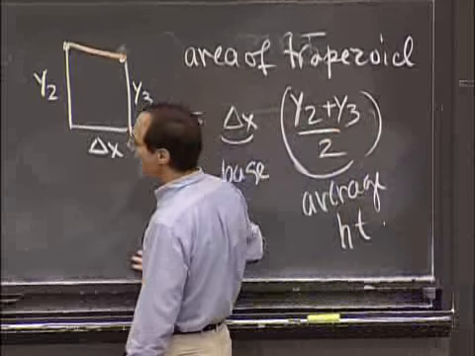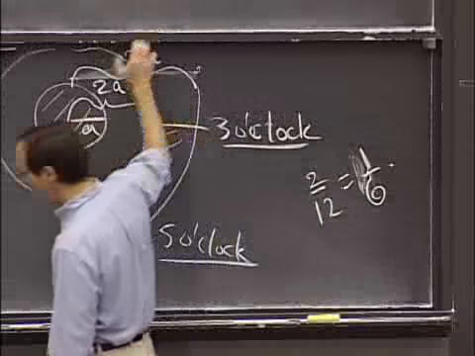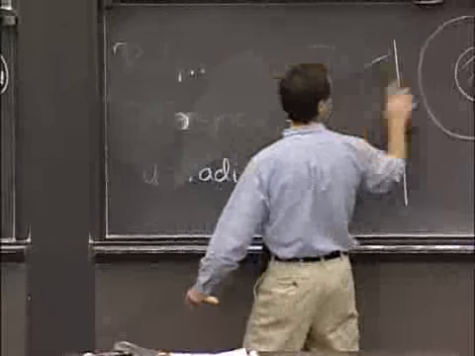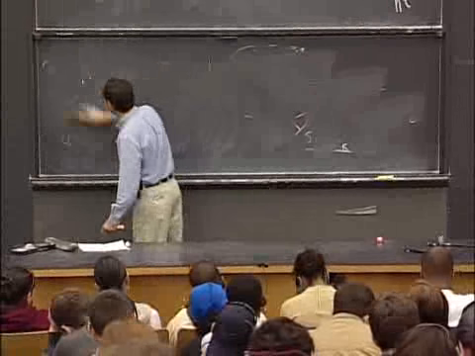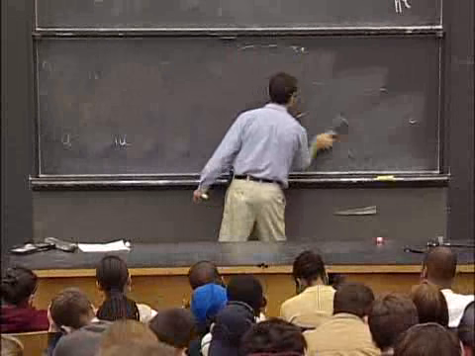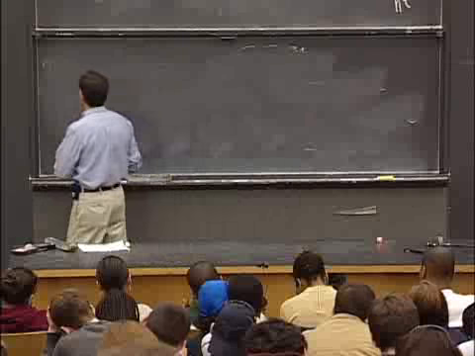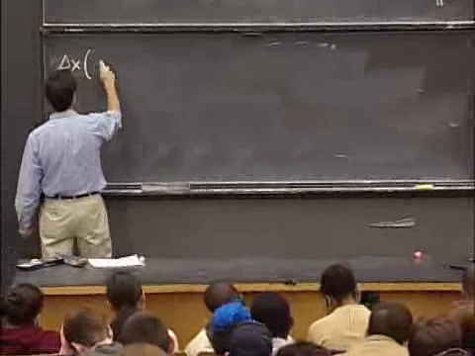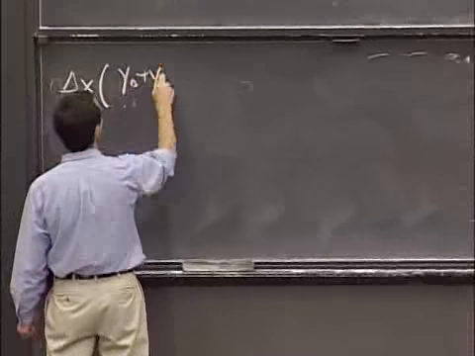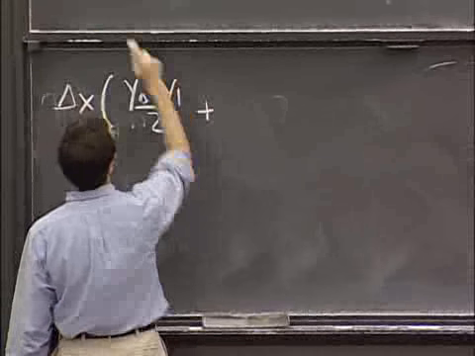And now I want to add them all up to get my formula for the trapezoidal rule. So what do I have? Delta x times the first one, which is y0 plus y1 over 2. That's the first trapezoid.